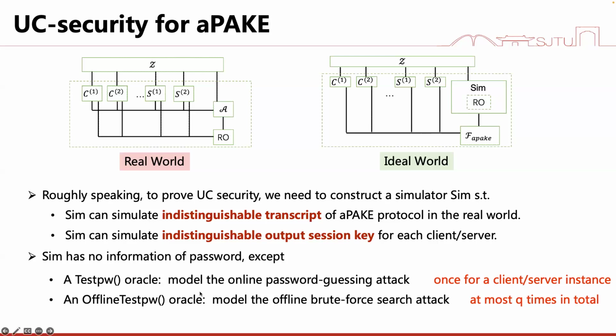And we require that the simulator has no information of password, except two oracles. The test password oracle models the online password guessing attack. It will tell the simulator whether a guessing password is correct. And the simulator can only query this oracle once for a client or server instance.